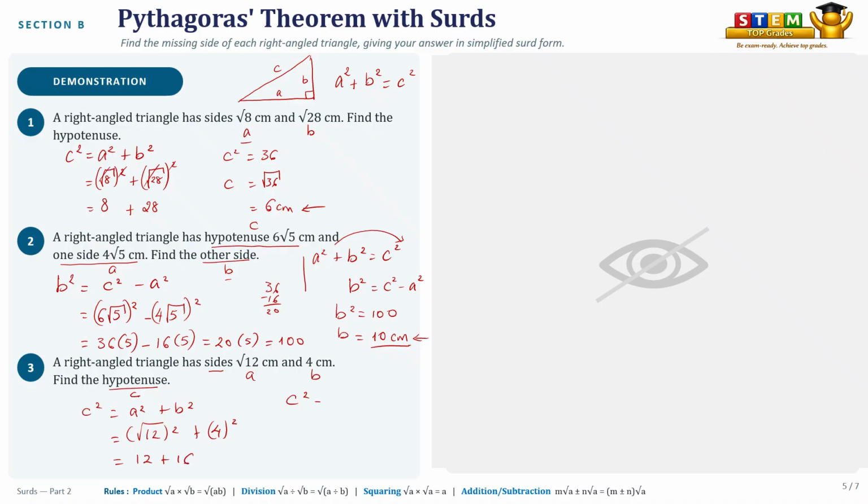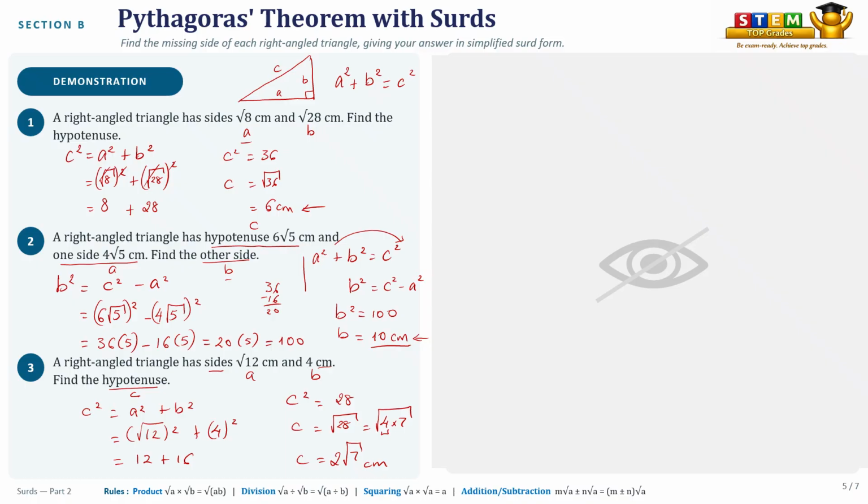So c squared is going to be equal to 28, c being the square root of 28, and that is 4 times 7, which means you can extract 2 from that square root, and then you get root 7. So c equals 2 root 7, and again, the unit is centimeters.